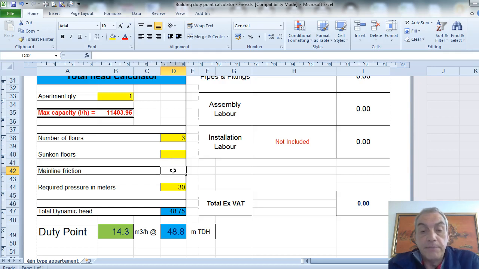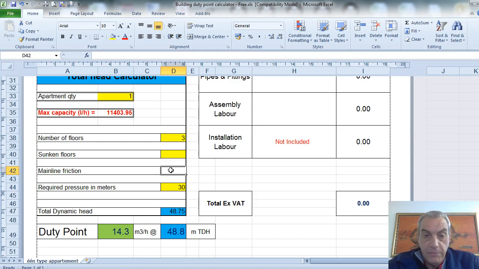Now that calculation, you can only do once you know what your peak flow rate is. So how would we do that? And let me just explain what I mean by mainline friction. Mainline friction is the friction between the pump system, the pump set or the pump itself, whether it's 1 or 2 or 3, whatever pumps you're going to use, but you have a pump system.